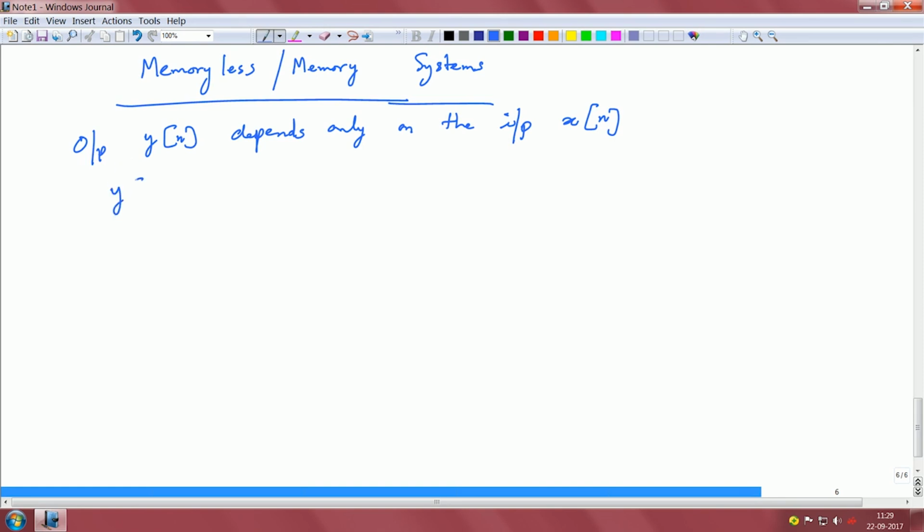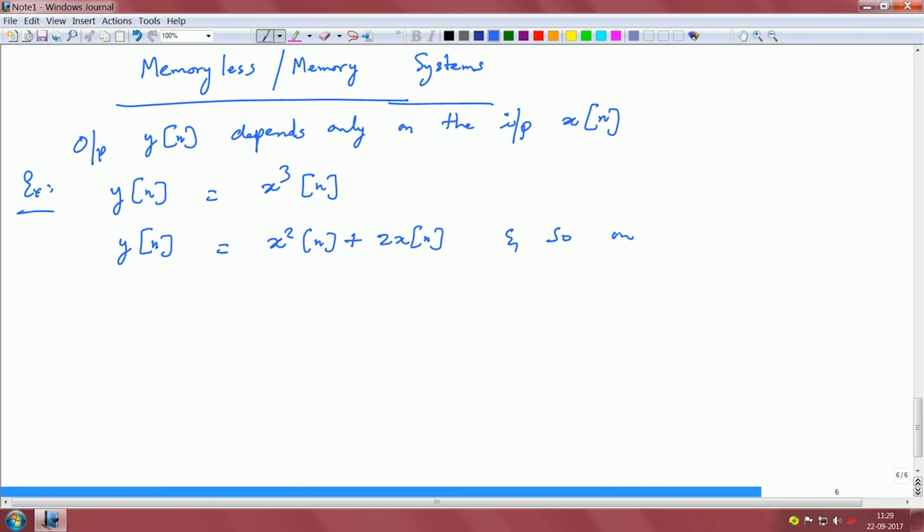A good example is y of n is x cubed of n, or y of n is x squared of n plus 2x of n, and so on, right, because the output y of n is depending only on some function of x of n.